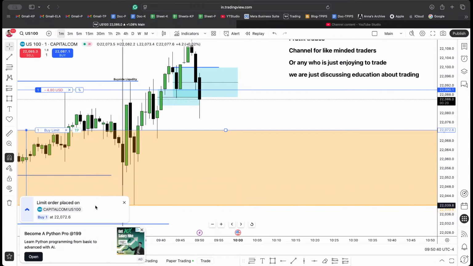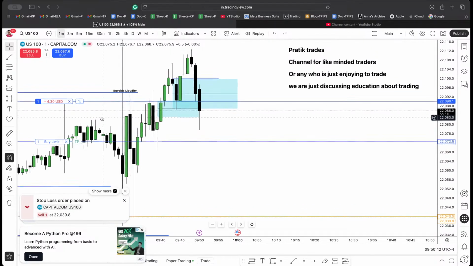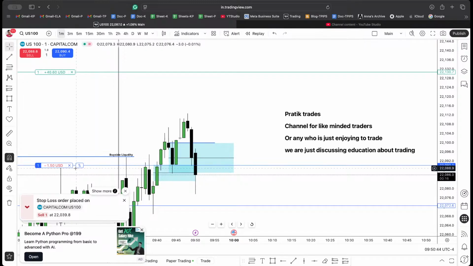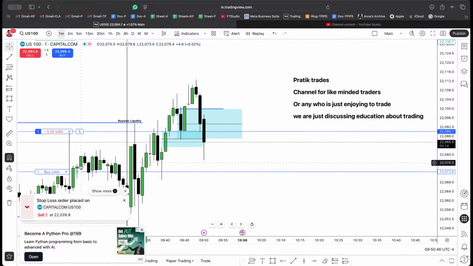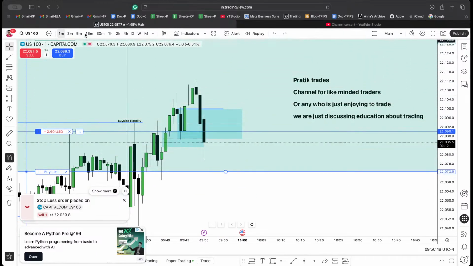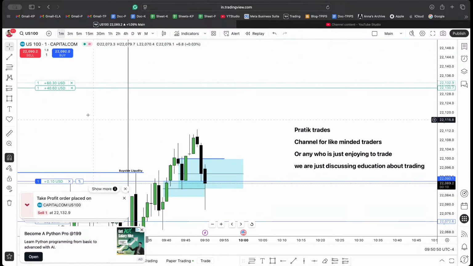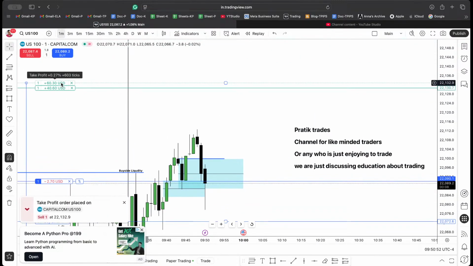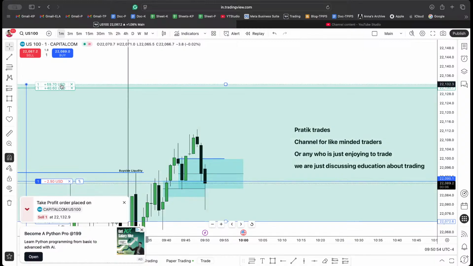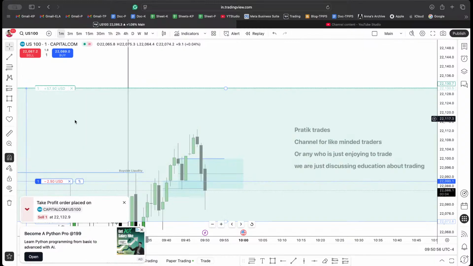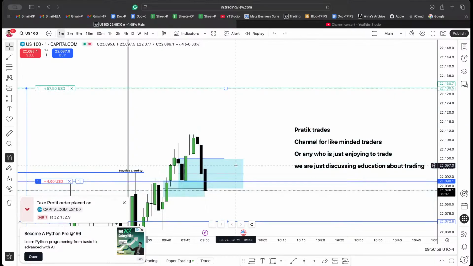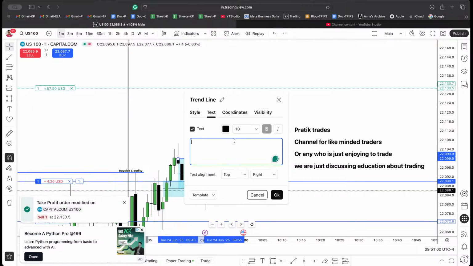Let's keep it here. Let's mark the test bullish order block.